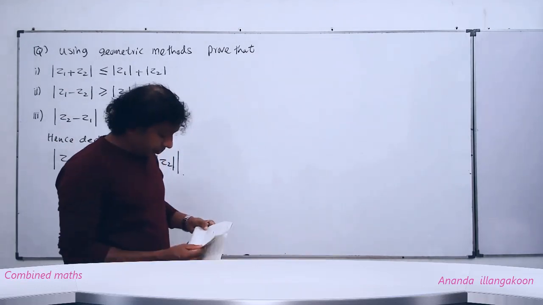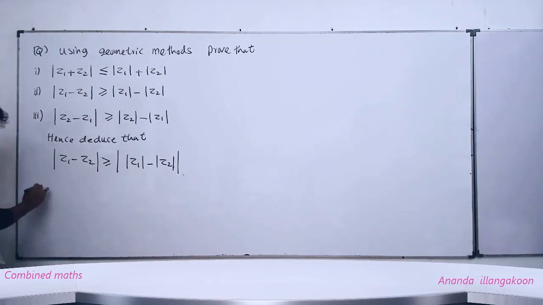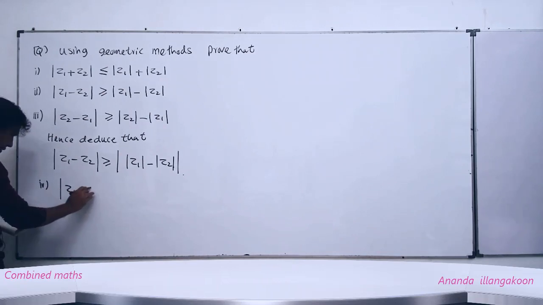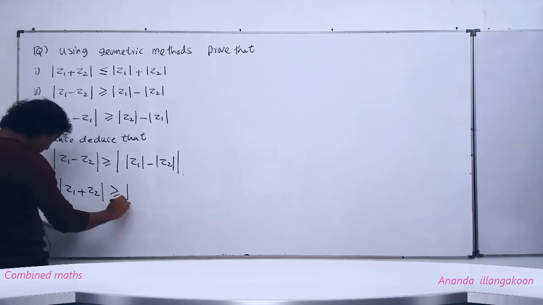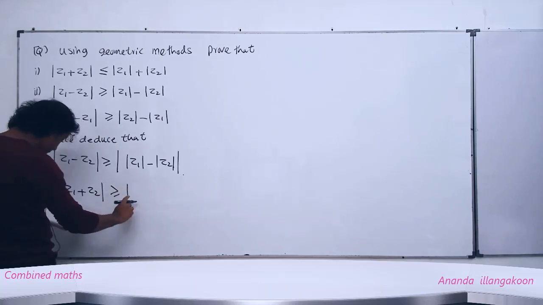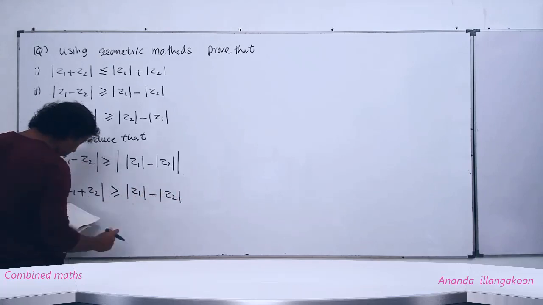Right. And fourth one, mod Z1 plus Z2 greater than or equal to mod Z1 minus mod Z2.